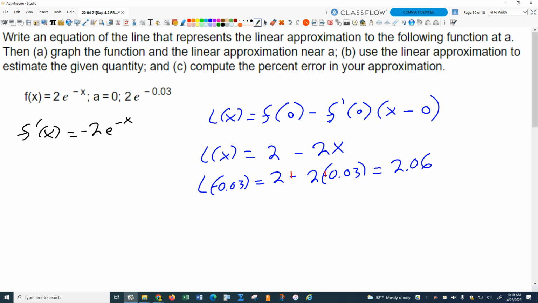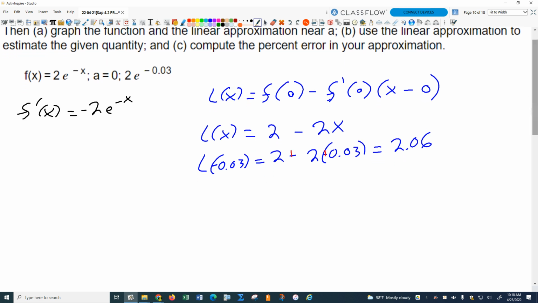All right, so then if we wanted to compute our percent error. Now there's another way we can also approach this, but I'm not going to do that right now. We'll wait till we get to differentials. So if we want to compute our percent error, you remember what the formula is?